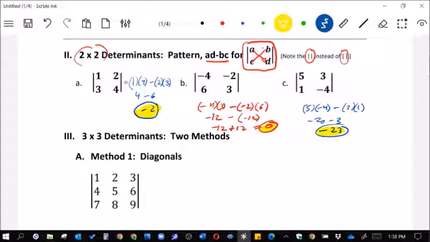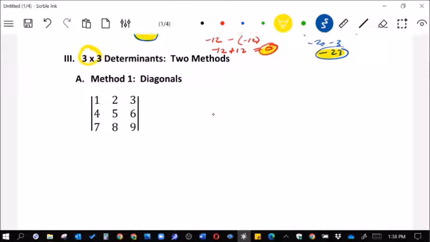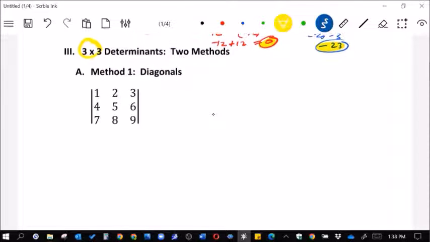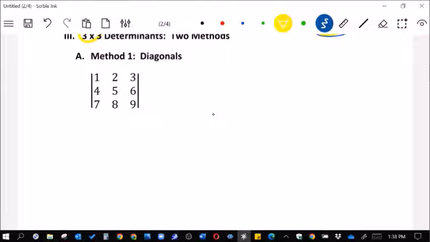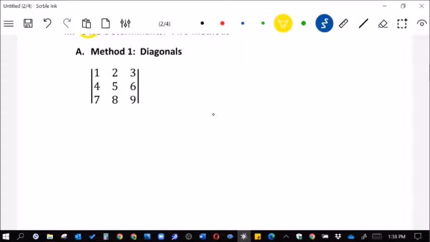Now for 3 by 3 determinants, that's next. There are 2 methods. There's diagonal and then a by minors. So I'm going to show diagonals on this case. So the first thing we do in the diagonals one is we take the first 2 lines and we rewrite them right afterwards.